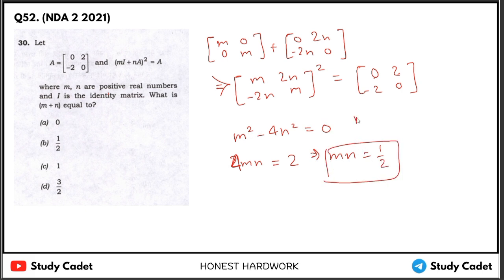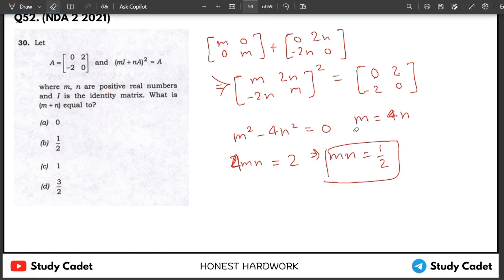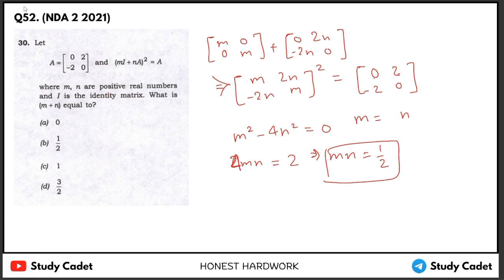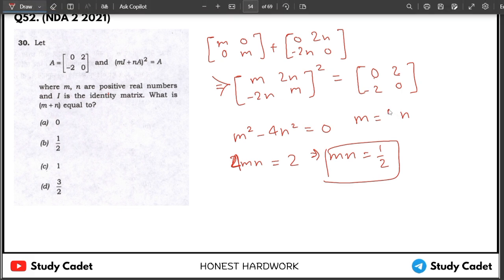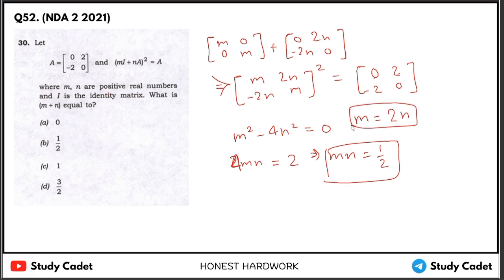And from here we can see that m is equal to 4n, sorry, it will be 2n. M is equal to 2n.